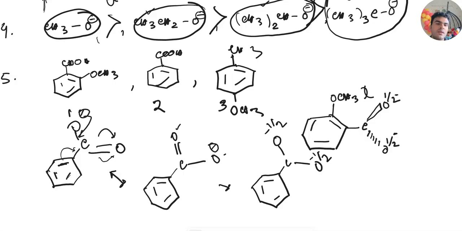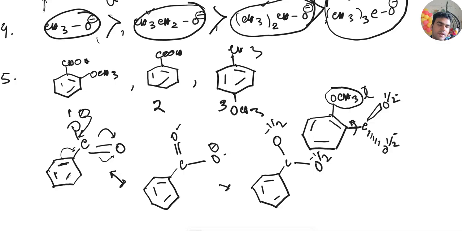Now if one methoxy group is introduced at the ortho position, what will happen? The rotation will take place around this carbon-carbon bond, and the carboxyl group will move out of the plane of the benzene ring.